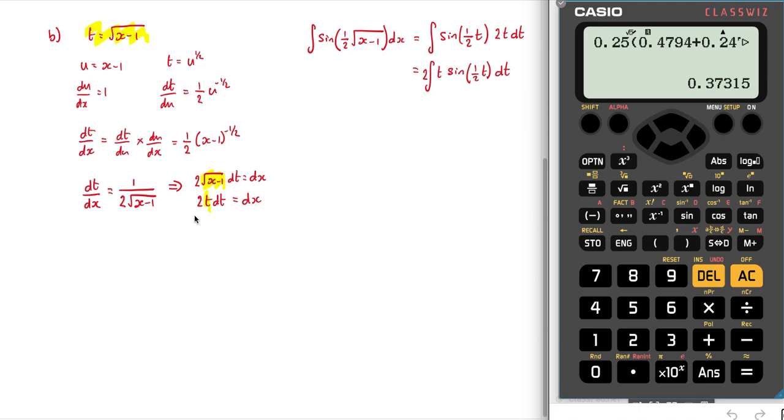So let's do that integral. So we're doing the integral of sine half x minus 1 dx, and that is the integral of 2t sine half t dt.